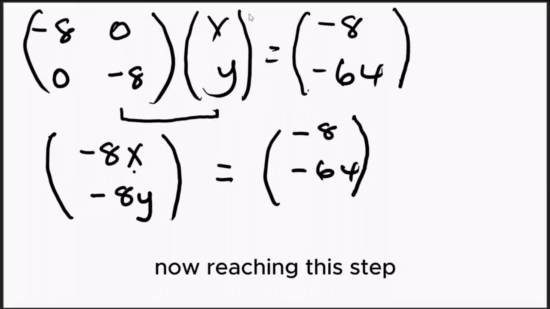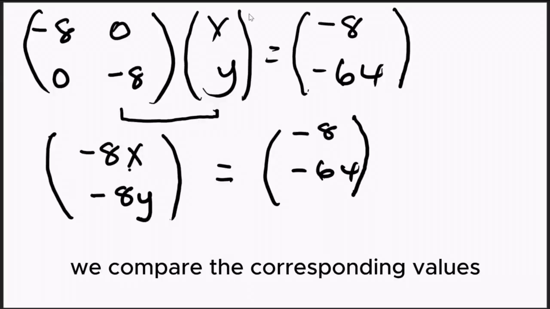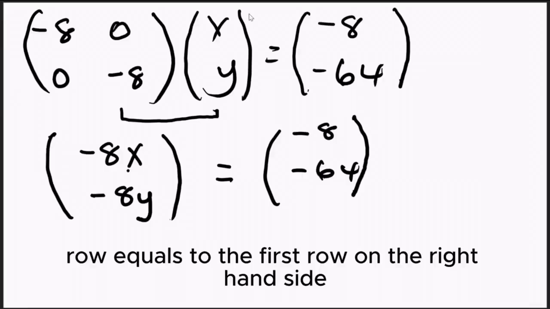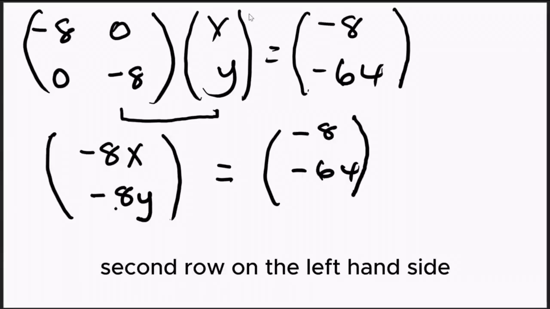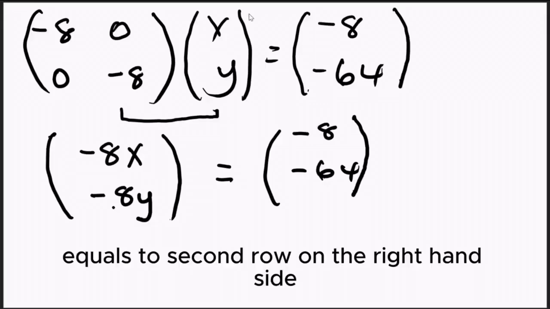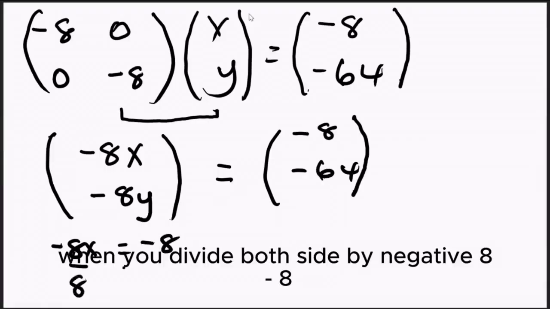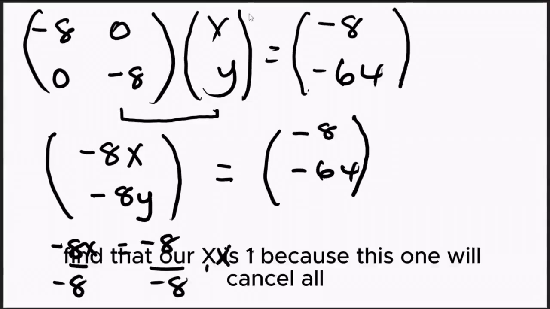Now reaching this step, we compare the corresponding values. The first row on the left hand side equals the first row on the right hand side, and the second row on the left hand side equals the second row on the right hand side. So we have negative 8x equals negative 8. When we divide both sides by negative 8, we find that our x is 1, because this will cancel all.